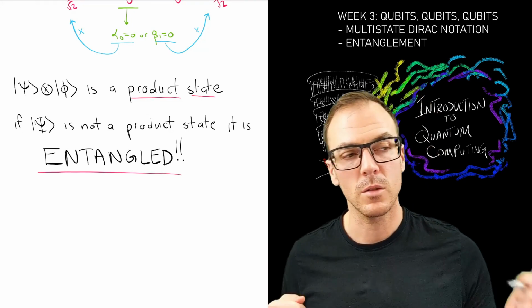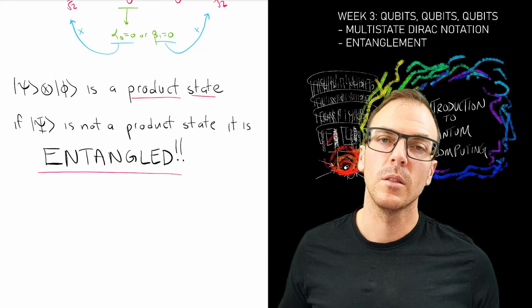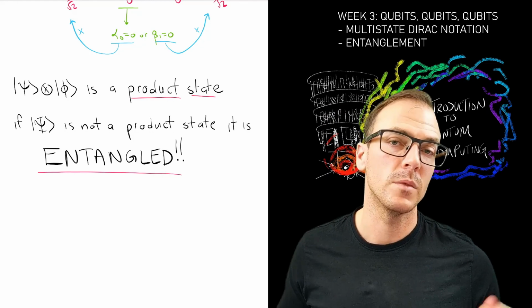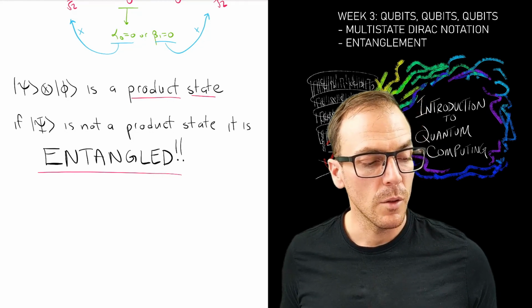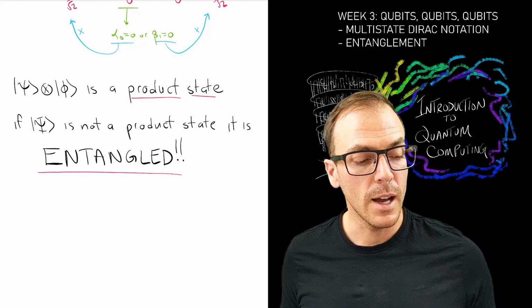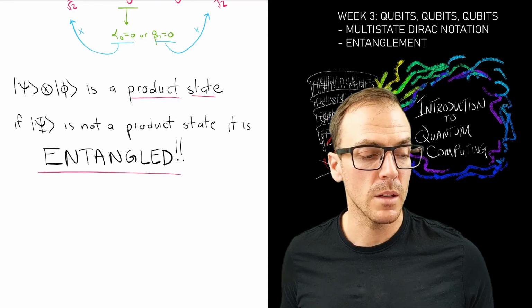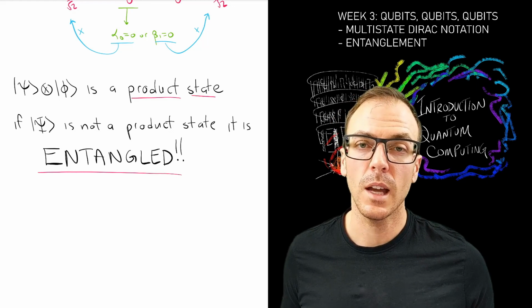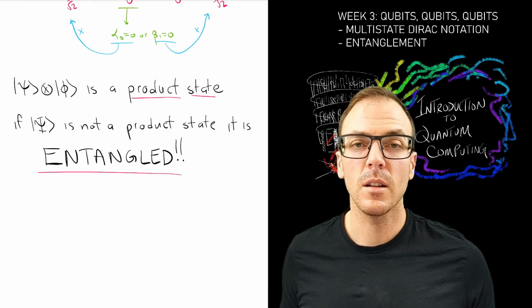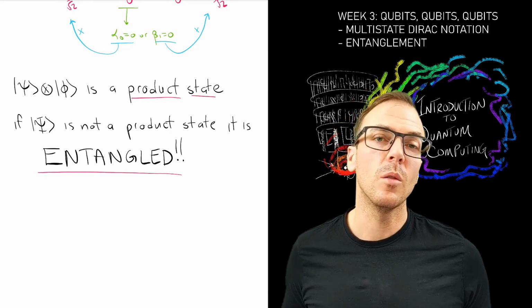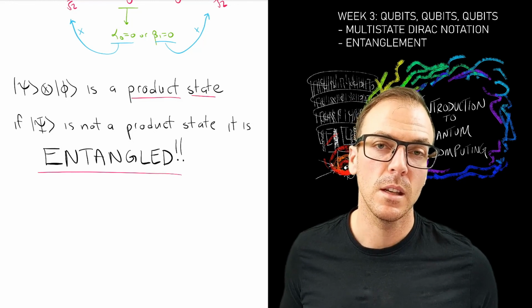So if I tell you the first one's 0 and the second one's 0, well, together they both are 0, 0. For a qubit, if I have an arbitrary state, an arbitrary assignment for the two qubits together, that doesn't necessarily imply that I can know both of the states individually.